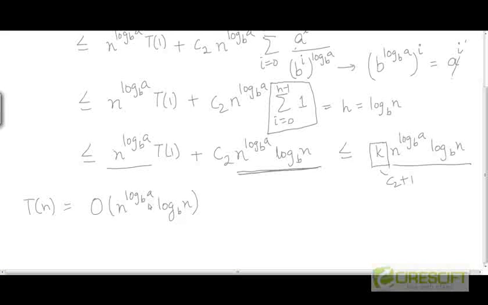Here, of course, it's important because the exact power of n is going to depend on what the value of a is and what the base b is. So anyway, we have proven an upper bound on T of n. T of n is bounded from above by n to the power log of a base b multiplied by log of n.